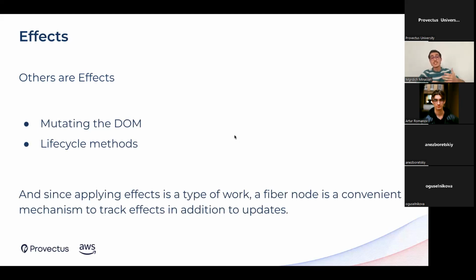And since applying effects is a type of work, a fiber node is actually a very good mechanism to keep track of those effects, those DOM mutations, those lifecycle methods. We understood that during the diffing, React iterates the tree that worked with fiber nodes. And now we are understanding that DOM mutation and lifecycle methods are also implemented by the fiber nodes, because the structure lets us take the effects as a type of work, and we can do the same thing that we did before.